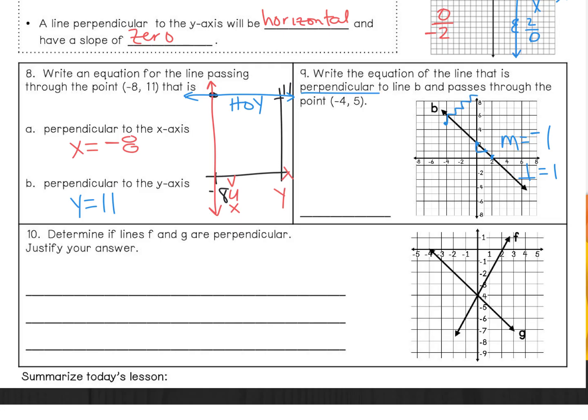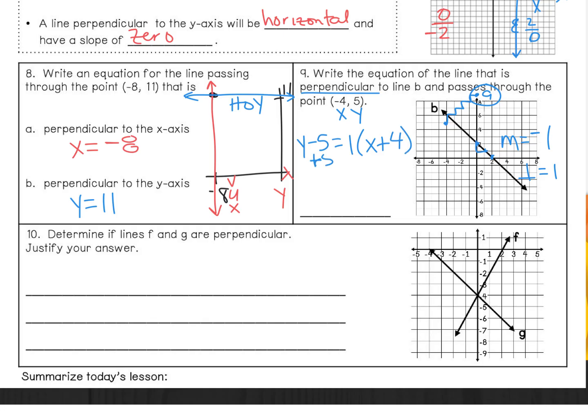So we could do this. We can't actually, we could guesstimate. What would our y-intercept be? What do you think that would be? 9. I would not even mess with that though. I would just jump straight to y minus 5 equals 1(x plus 4). I would jump to this.